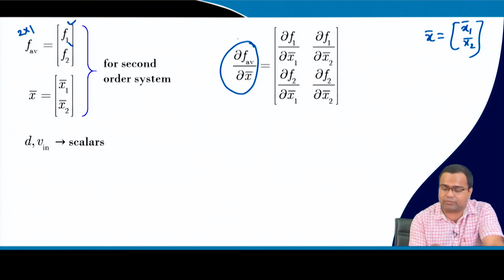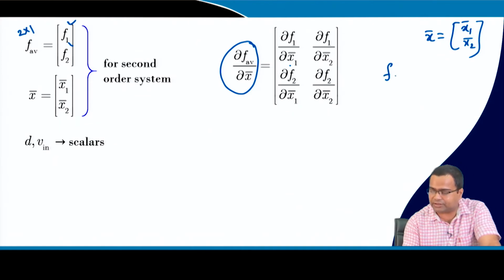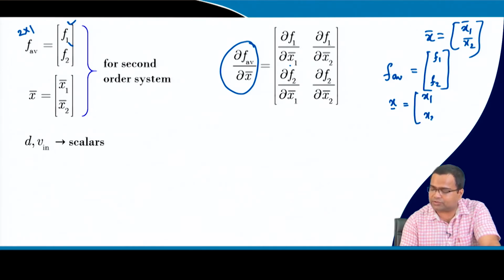This is called the Jacobian, where ∂f1/∂x1, ∂f2/∂x1. That means if I take a function f average which is let us say f1, f2, initially you consider, and I take another vector which consists of x1, x2, for example, this is a vector also.